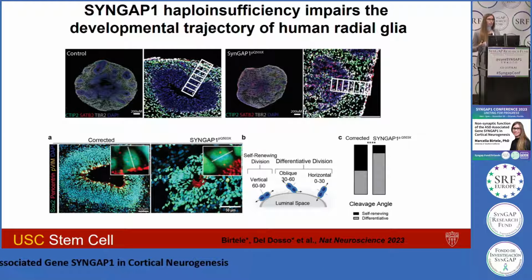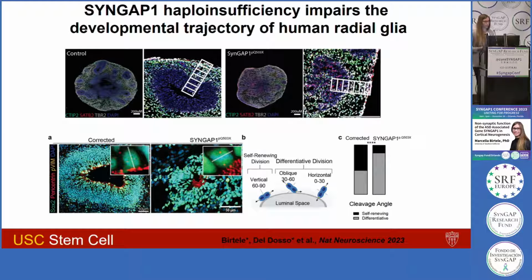So there is a proper lamination process happening within 2 months of cultures. But if we go in the SYNGAP patient line, we can see that this organization is completely disrupted, suggesting that human radial glia have this impairment in guiding neurons to the proper position.